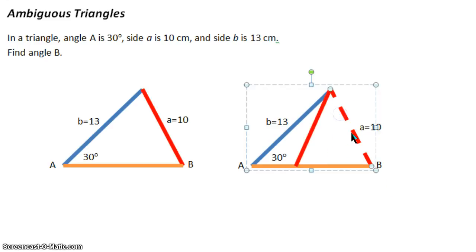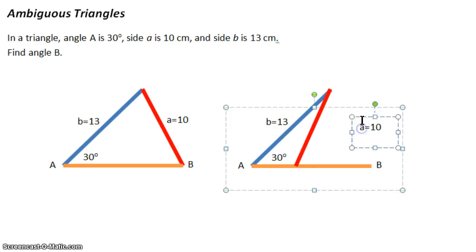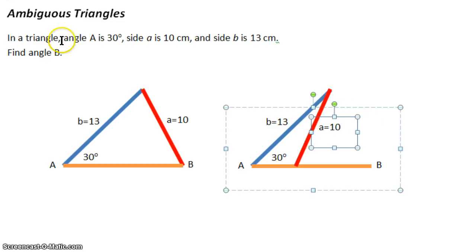Let me remove the dotted line. Now this is my A. My A is at a new location, but the length is still 10. I didn't change B, so that's still 13. I didn't change the angle A, that's still 30 degrees, and my side A is still 10 centimeters. So this triangle seems to work as well.